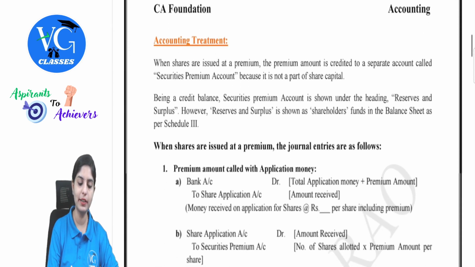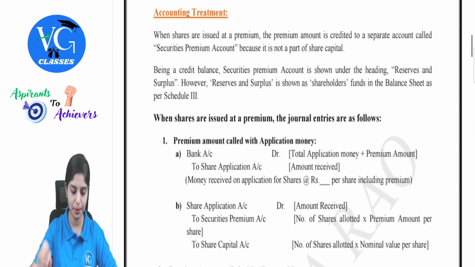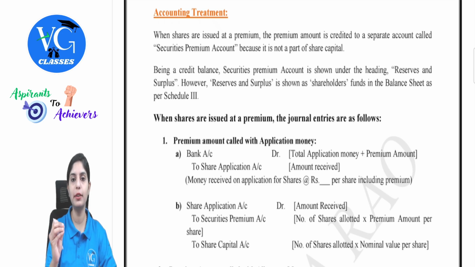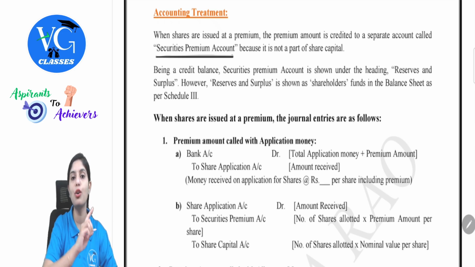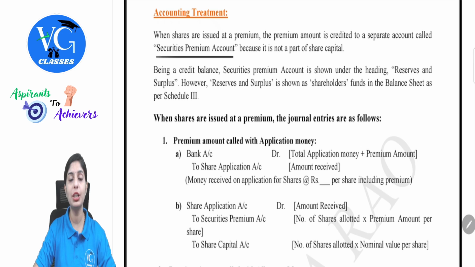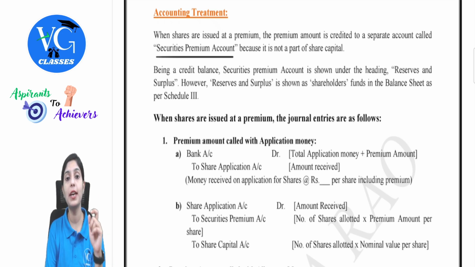So what is the accounting treatment with respect to securities premium? When shares are issued at a premium, the premium amount is credited to a separate account called the securities premium account because it is not part of share capital. Whatever amount is credited to share capital, understand clearly, will be denominated at face value, because ultimately that should fall in place with respect to your issued, called up or paid up capital. So we will record the share capital at nominal or face value.